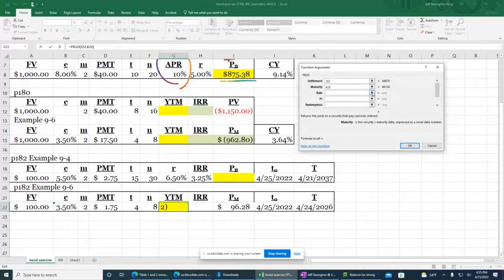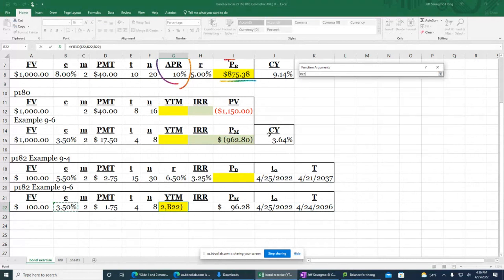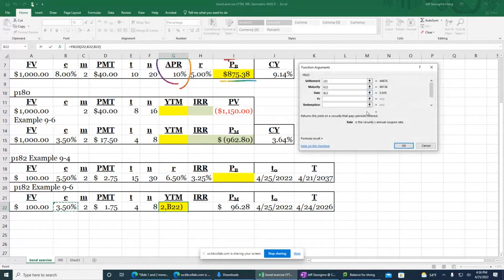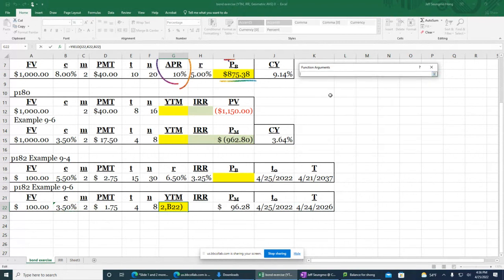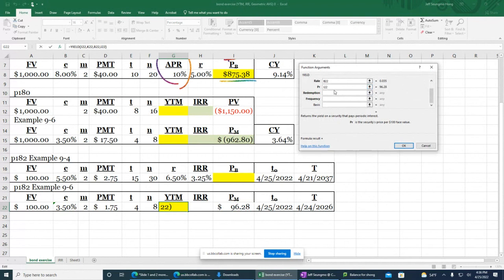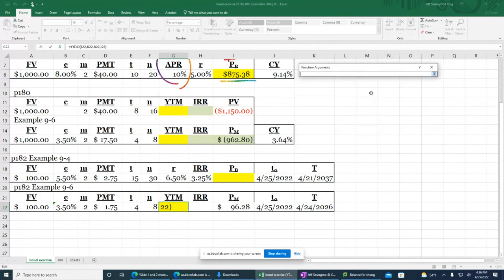Rate, this rate means coupon rate, so you enter the coupon rate. And then this is price. Price is the current market price. You enter that. Redemption means future value, right? Face value, maturity value, redemption.